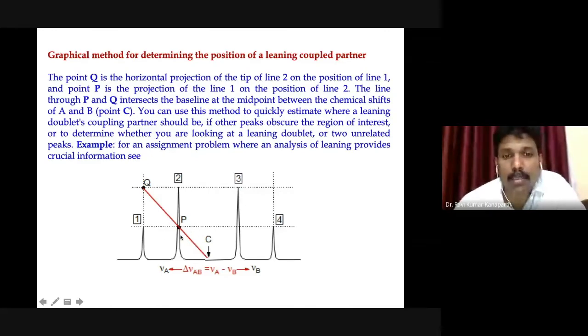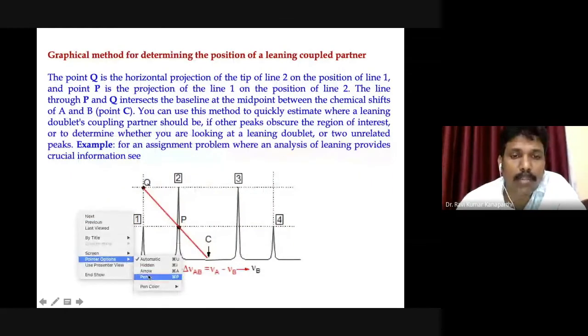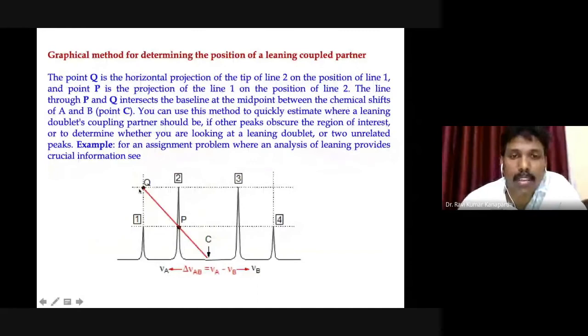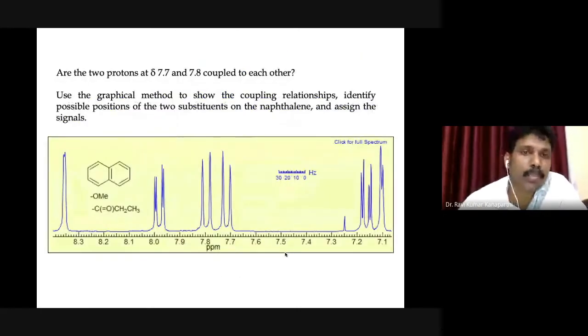For example, you can draw a horizontal line just above the outer line peaks, and then another horizontal line touching the top of the two inner line peaks, and then draw a diagonal that passes just above the vertical line touching the middle of these two lines. This gives you the value of the middle of this quadrant, which you have to represent in the NMR spectrum.